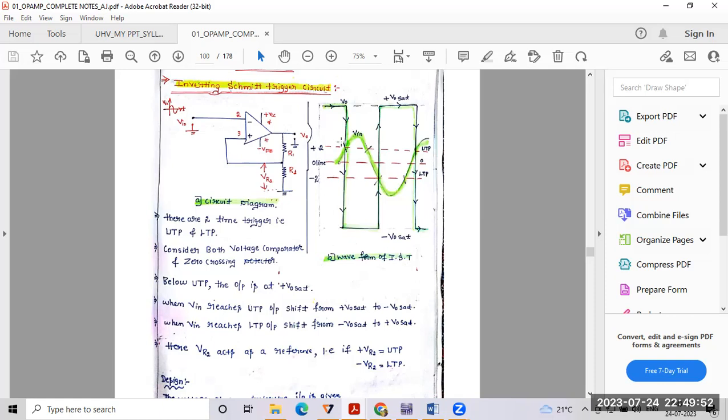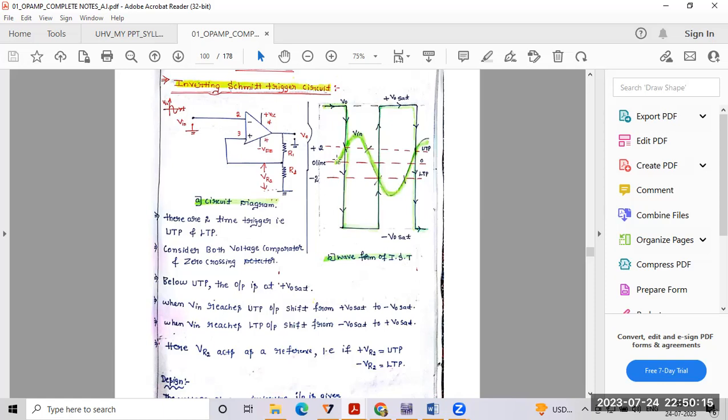Let's understand clearly what will happen. Before the input reaches this UTP intersection, the output is positive only. What is the circuit here? Inverting. It should give a 180-degree phase shift, meaning input positive, output should be negative.